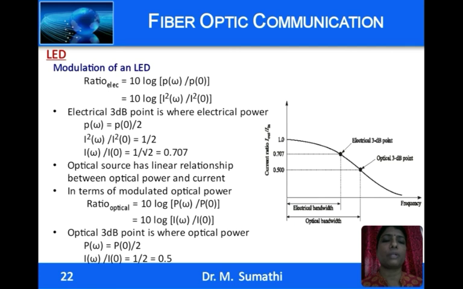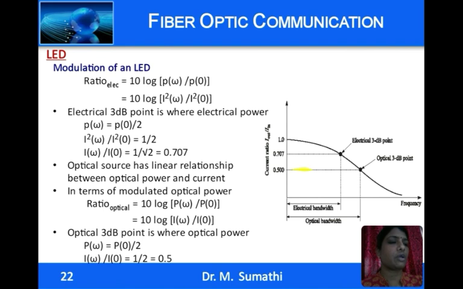Next, talking of the optical bandwidth, the optical source has a linear power current relationship, that is power is proportional to current. Therefore, the ratio, optical ratio is 10 log optical power for a modulating frequency omega to optical power at 0 modulating frequency, and that can be replaced by the value of current, and taking the 3 dB optical point, it is the point where the power is 50%, and substituting in terms of current, it is 1 by 2, that is 0.5.